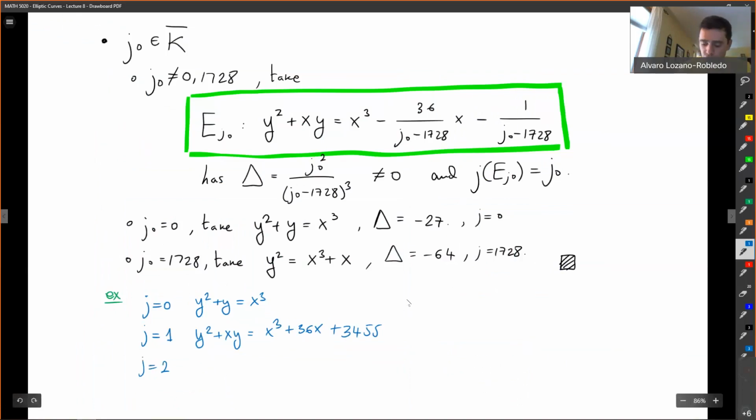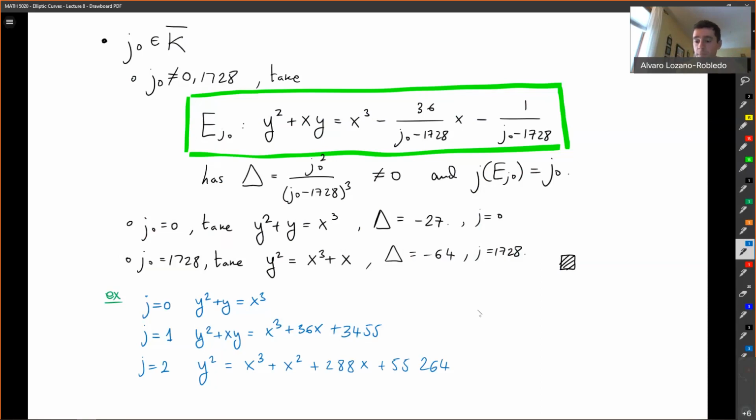For j equals 2, the simplest I could find was of this form. The coefficients are starting to get a little bit big. It turns out that the j-invariant itself is not a good measure of whether there is going to be a very easy model for my elliptic curve. If you're trying to find models of elliptic curves with small coefficients, the j-invariant is not your friend.